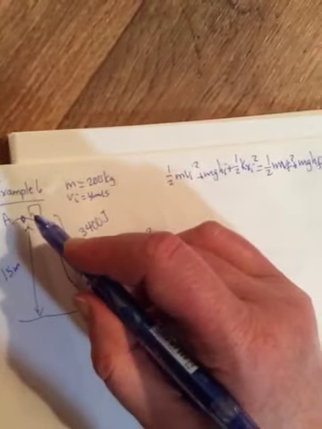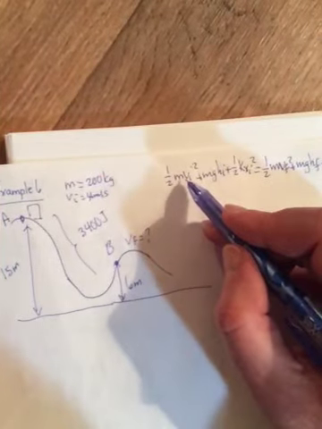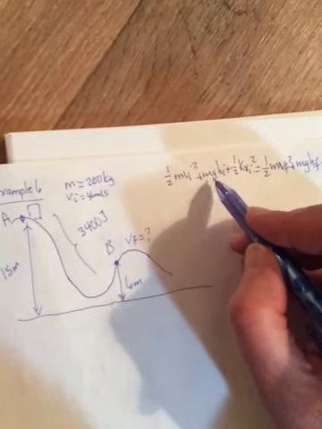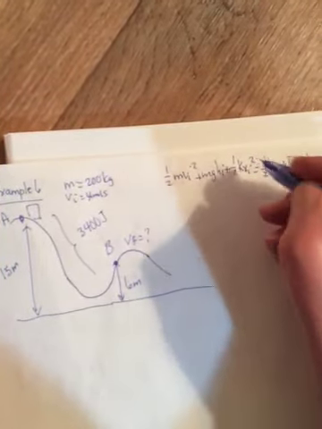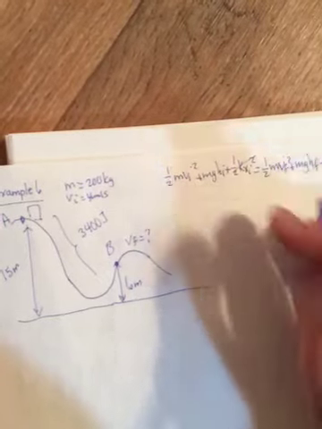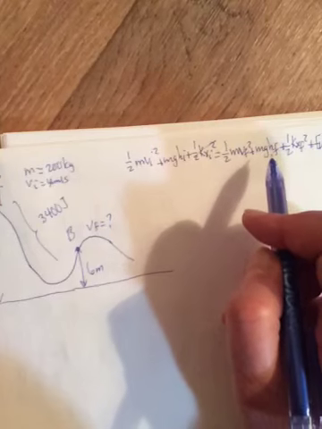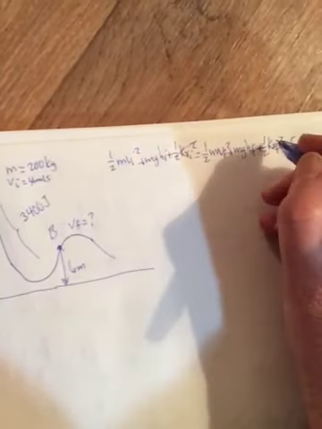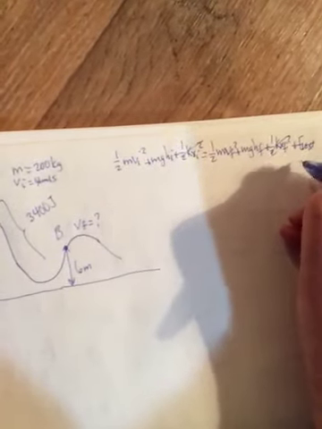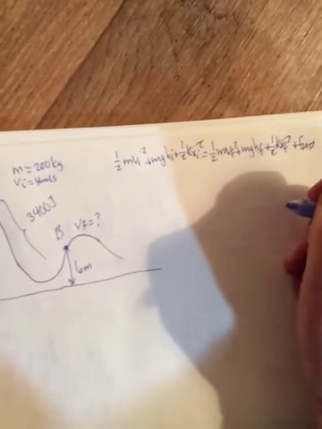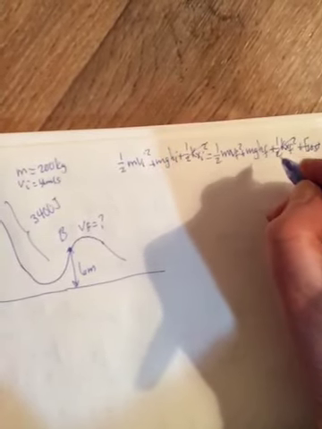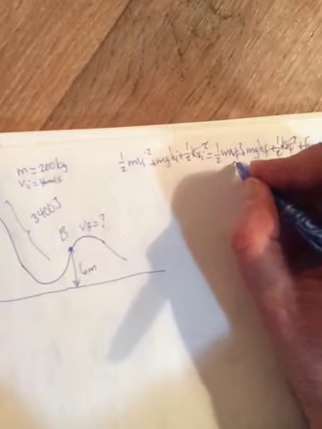All right, so initially here at the top it has a speed, this term stays. It has a height, mgh stays. It doesn't have a spring, it goes. At point B, it has a speed, that's what we're solving for. It has a height, 6 meters. Doesn't have a spring, and there is E loss. So this time we have a lot more terms, and we're looking for V final.